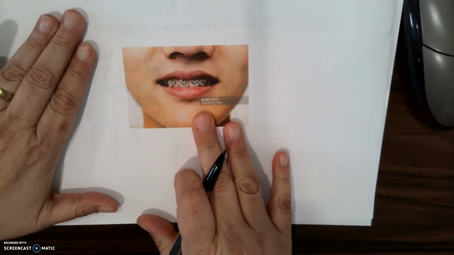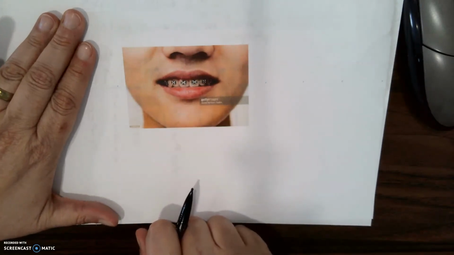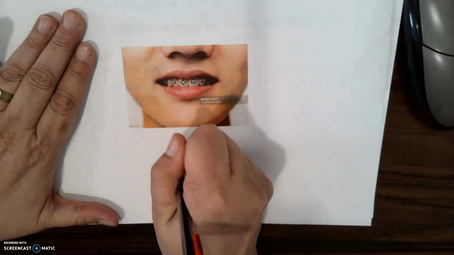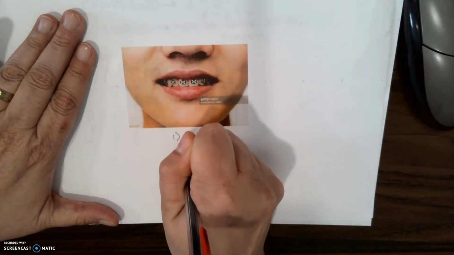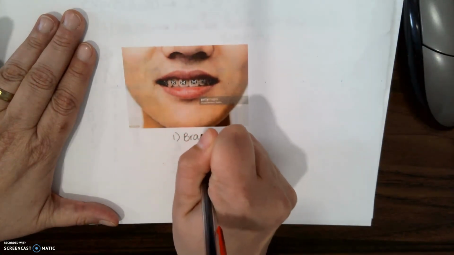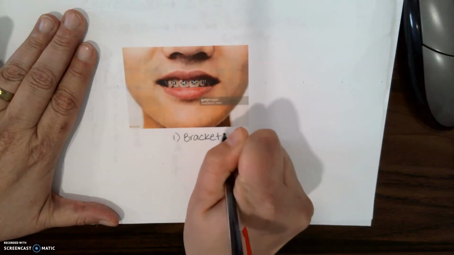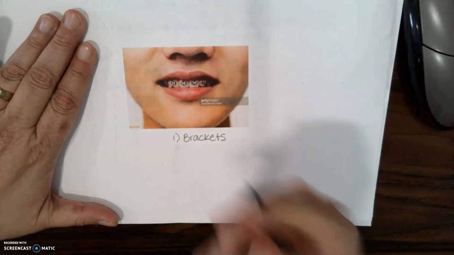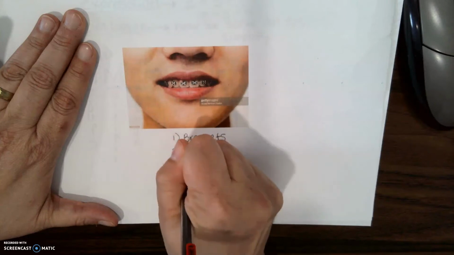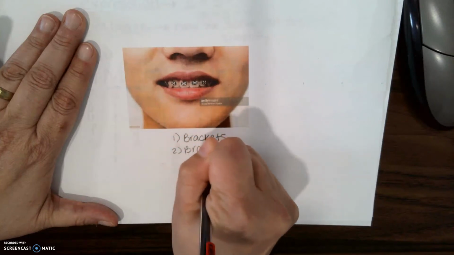If you've ever had braces before, the very first thing you do is you get brackets, okay? And then you get braces.